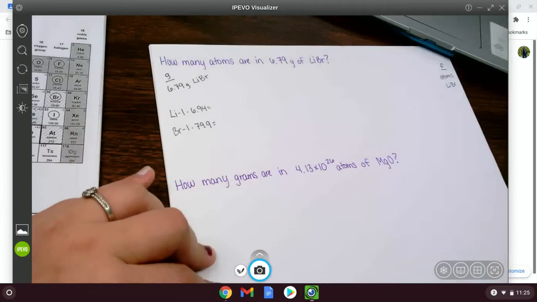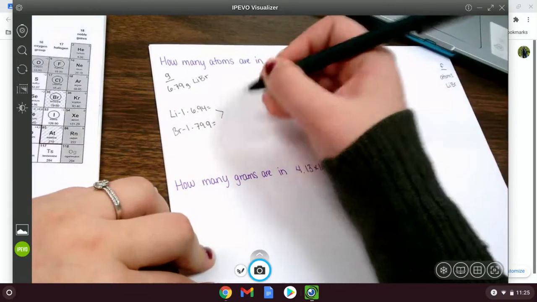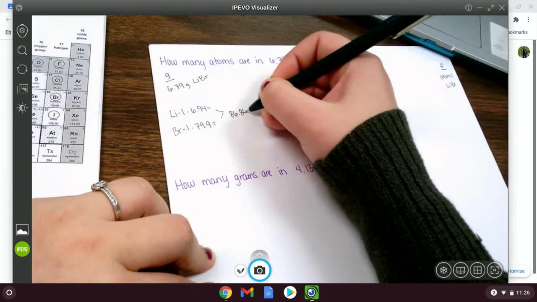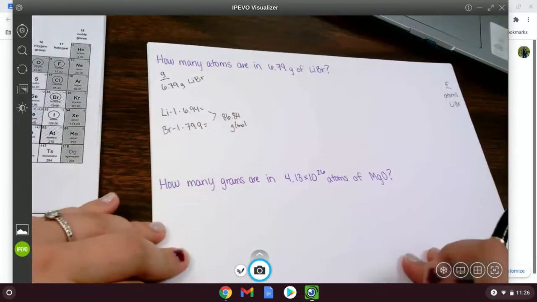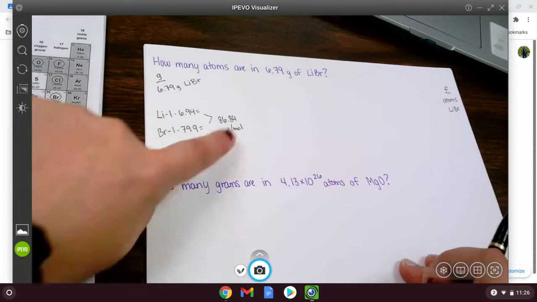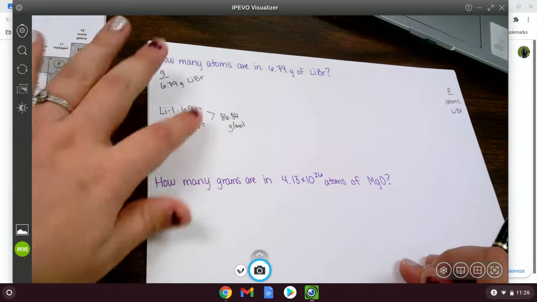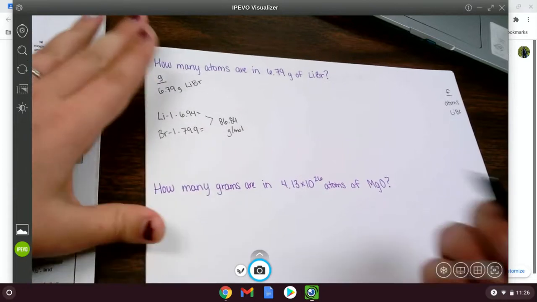I could probably do that in my head, but I'm not going to even try. So the molar mass, when you add these together, is 86.84 grams per mole. Okay? So again, when you're calculating molar mass in these types of problems, I don't really care about units in here, but do have them on your final answer.